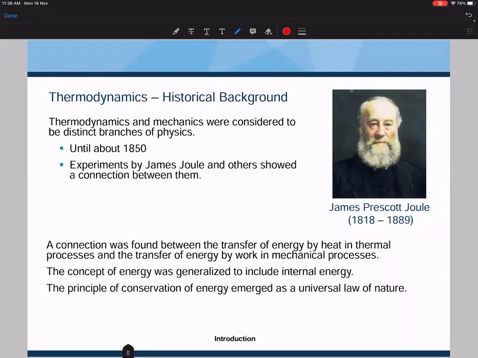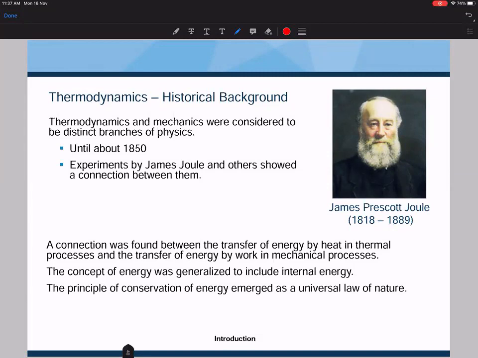As I said, thermodynamics refers to the connection between the macroscopic behavior of, say, a gas, such as pressure, volume, and temperature, and microscopic behavior, such as the motion of the particles.